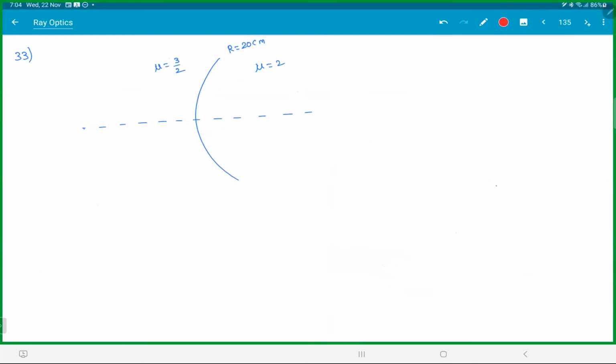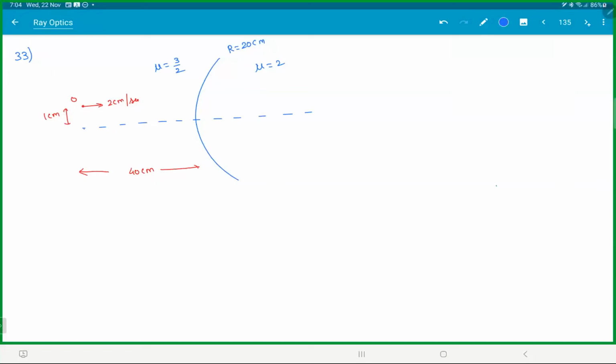We have an object here at a height of 1 centimeter, at a distance of, let's say, 40 centimeters, going with a speed of 2 centimeters per second.